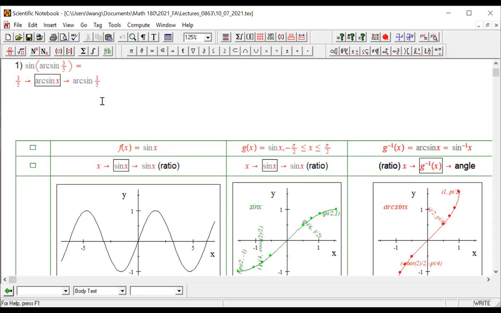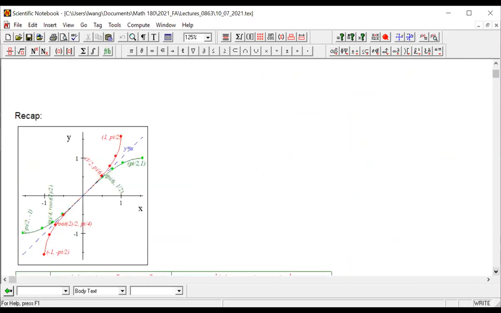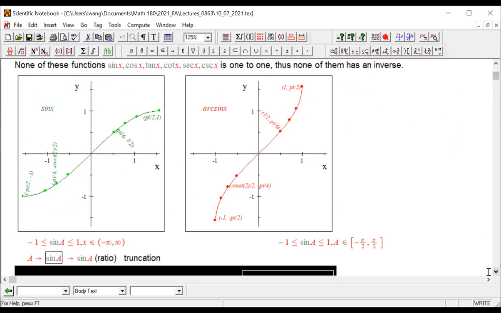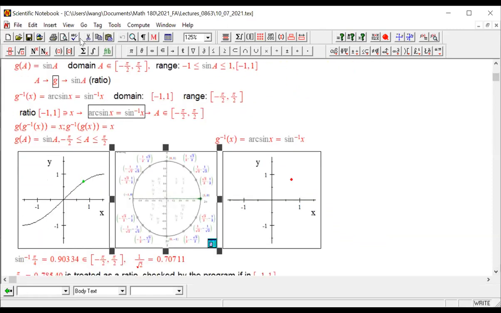How does that angle look? Now I'm going to show you that. I'm going to bring a picture to help me do that. One way to do it, of course, is on the unit circle.